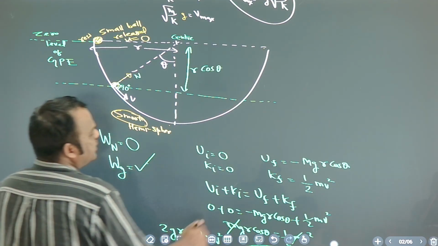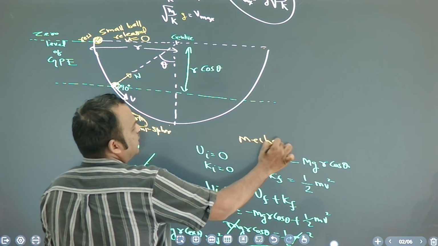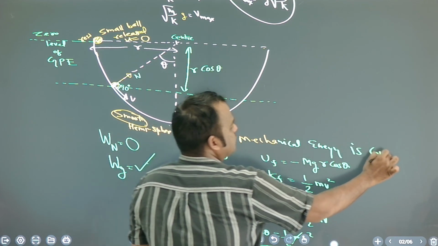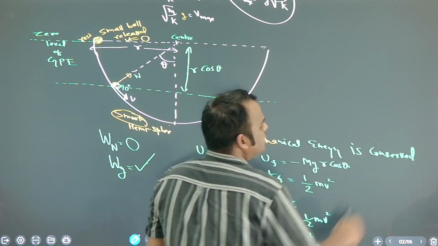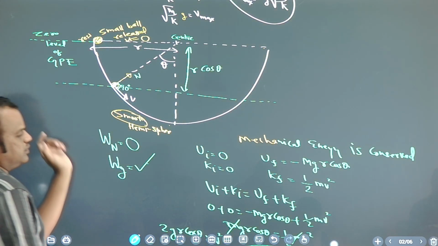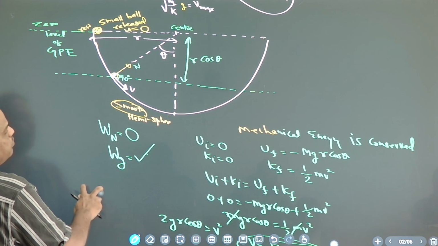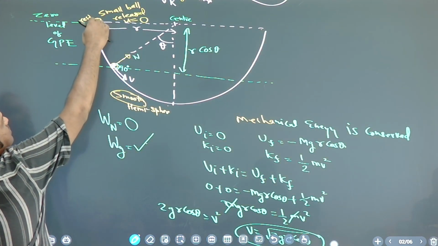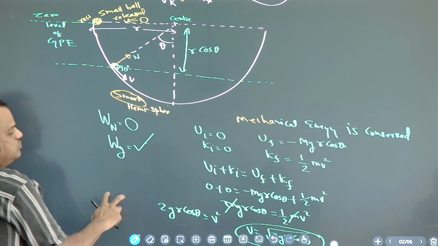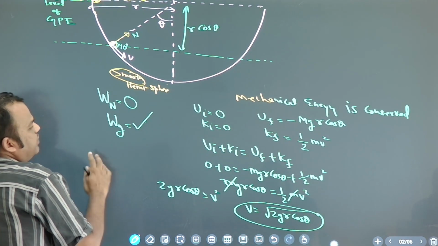So mechanical energy is conserved. One energy increasing, another decreasing. Kinetic energy increasing, potential energy decreasing. U initial plus K initial is equal to U final plus K final. Okay, fine, done.